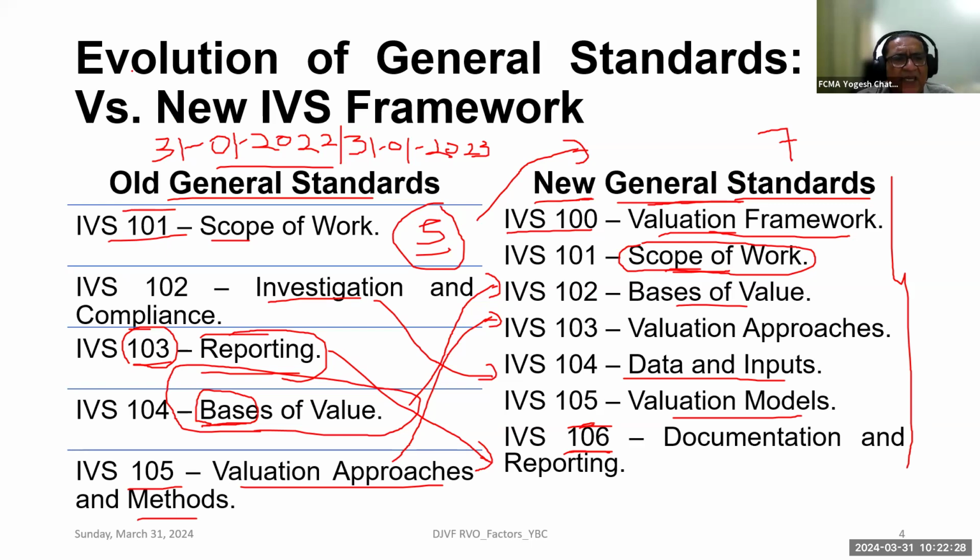Then we have the engagement letter. The engagement letter, as we are all aware, is issued by the registered valuer and accepted by the client in writing. In that, the entire scope of work and the methodology of valuation will be described. The third important letter, which a valuer should always obtain in writing, is the management representation letter.